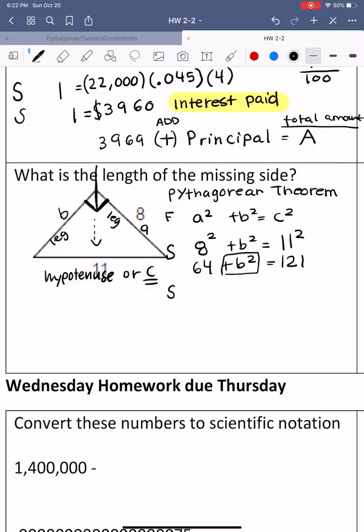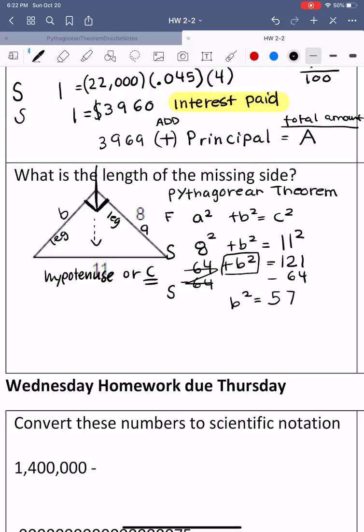In order to do that, I need to isolate it, and I can do that by zeroing out this 64 from both sides, and I'll be left with B squared equals 121 minus 64, which is 57. So 57 equals B squared.